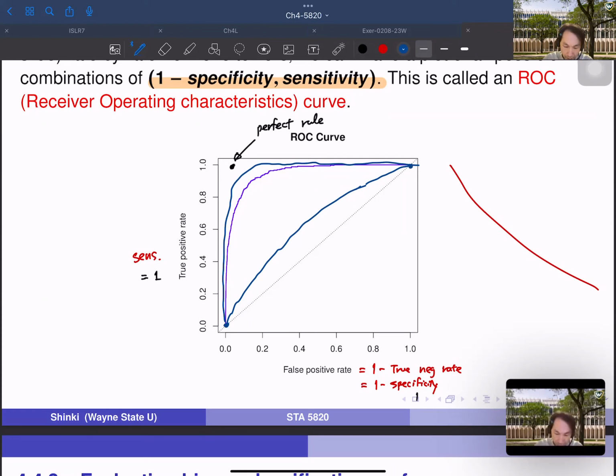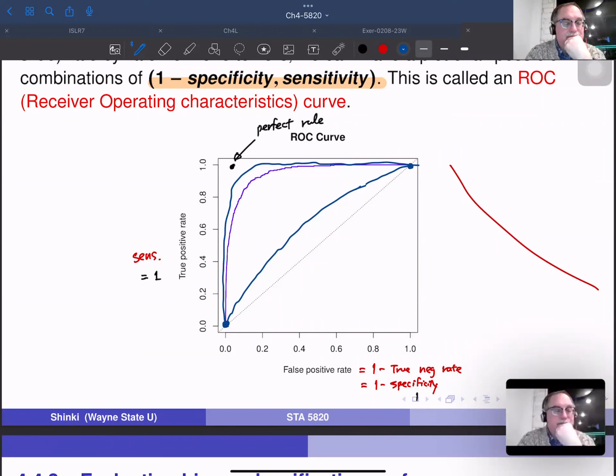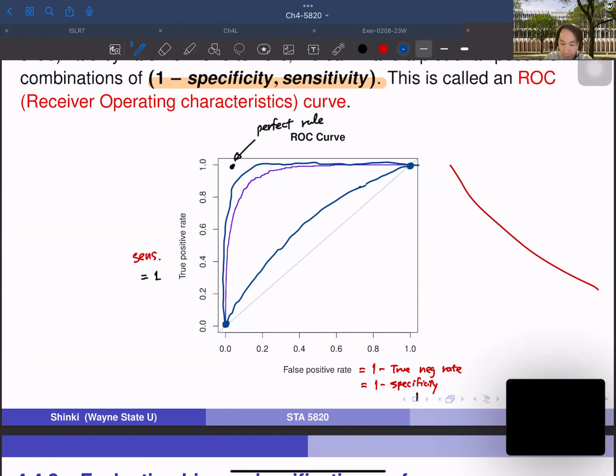So if we want to make specificity as high as possible, then specificity becomes 1, but instead we will have sensitivity of 0. So if the test is very loose, we cannot detect any positive case. So that is this point. Or if the test is very strict and we regard every patient as positive, then sensitivity is 1, but specificity is 0.